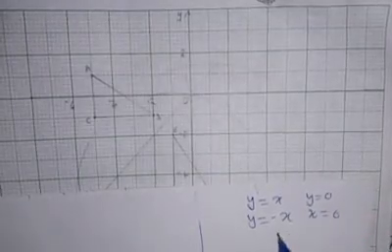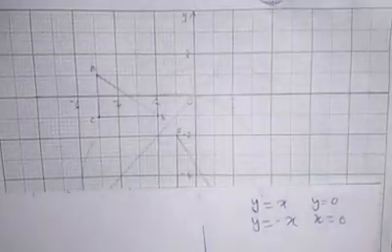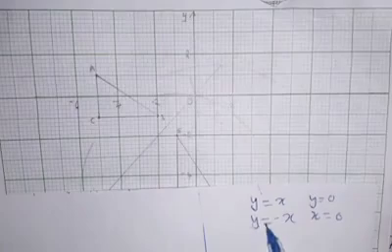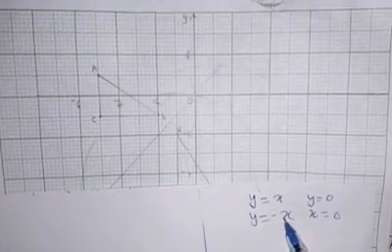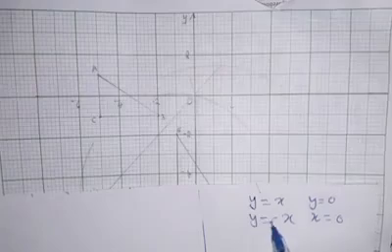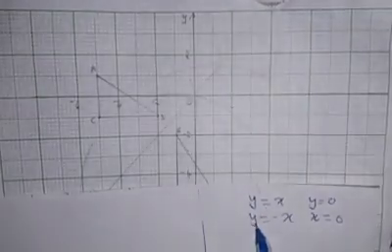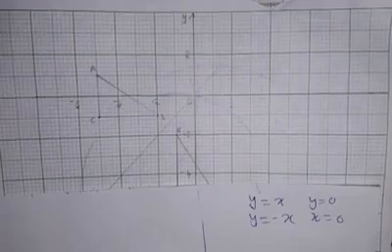So when you talk of y is equal to 0, that is the x-axis. Then x is equal to 0 is the y-axis. So now in this case you may have y is equal to x, and you also have y is equal to negative x. For y is equal to negative x, if the value of y is negative, the value of x will be positive.